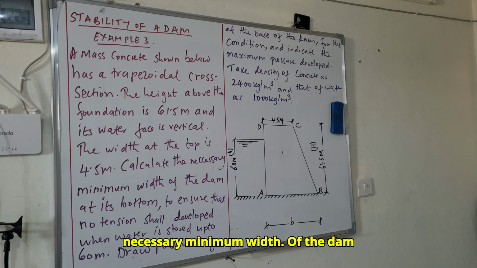Calculate the necessary minimum width of the dam at its bottom to ensure that no tension shall develop when water is stored up to 60 meters. Draw the pressure diagram at the base of the dam for this condition and indicate the maximum pressure developed. Take density of concrete as 2400 kilogram per meter cubed and that of water as 1000 kilogram per meter cubed.